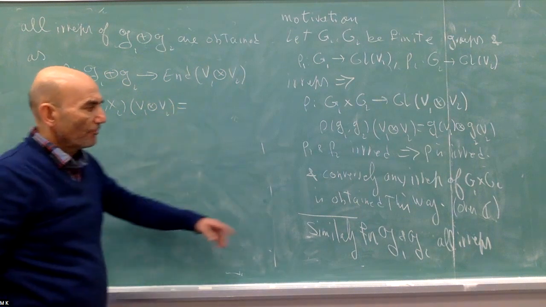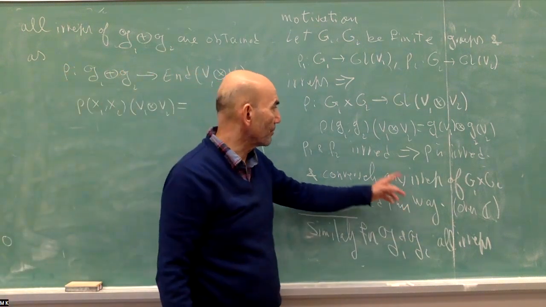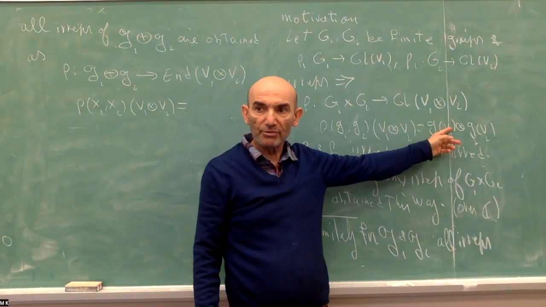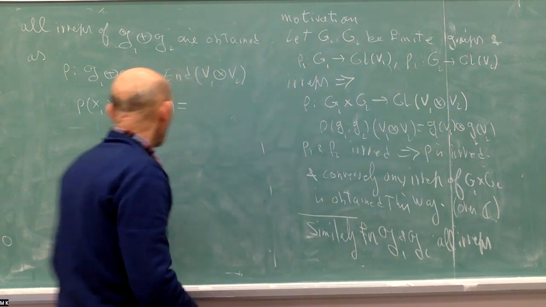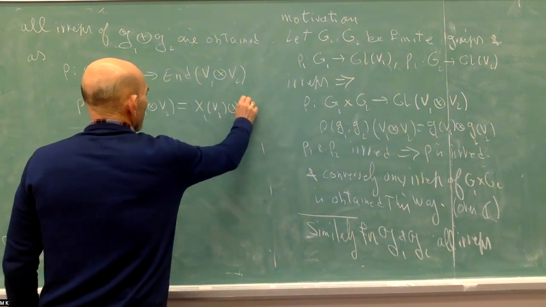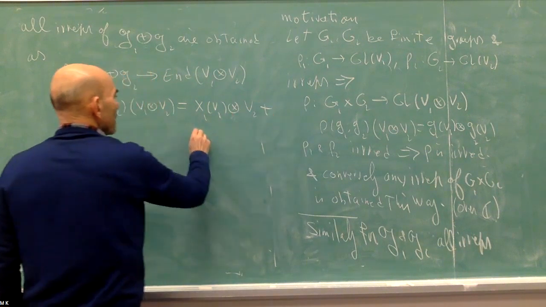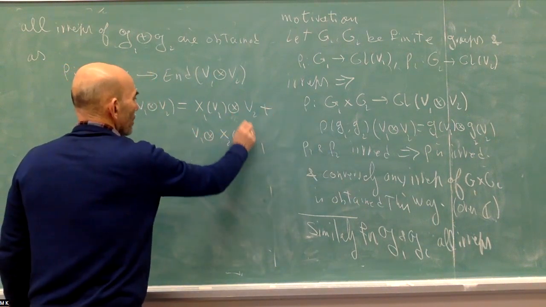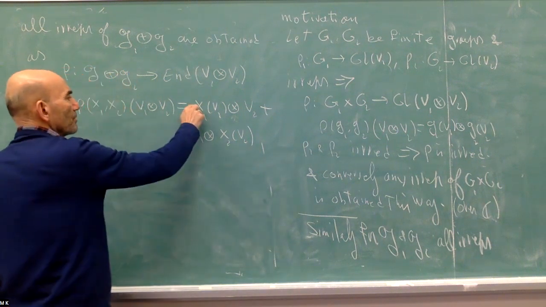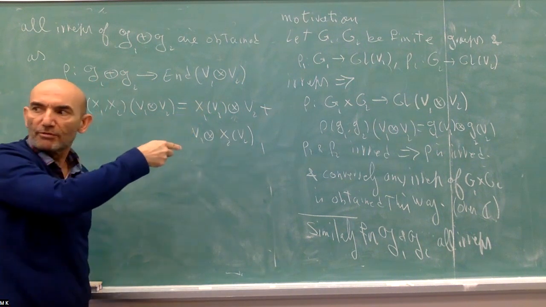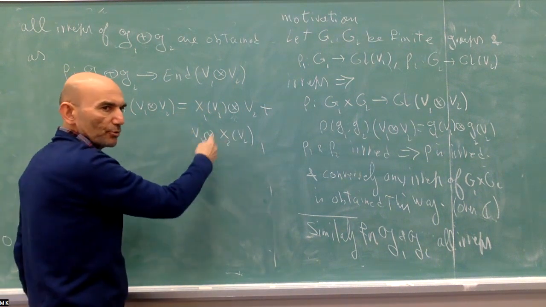Now, we have to differentiate this relation at the identity. When you differentiate this relation, you're going to get x1 of v1 tensor v2 plus v1 tensor x2 of v2. I mean, I could have written rho of x1 here; this means really rho of x1 acting, and this one is rho of x2 acting.